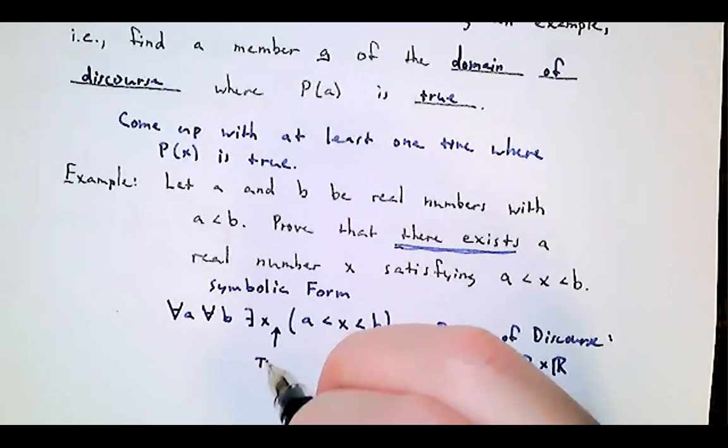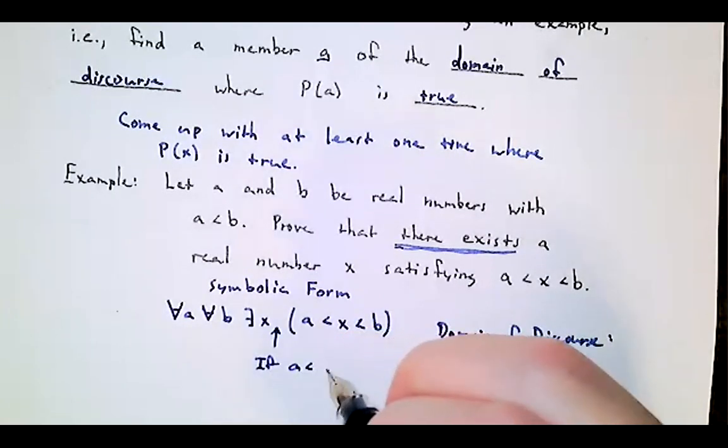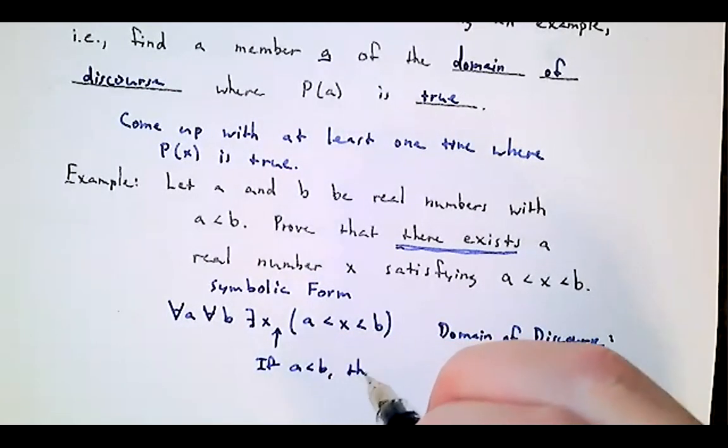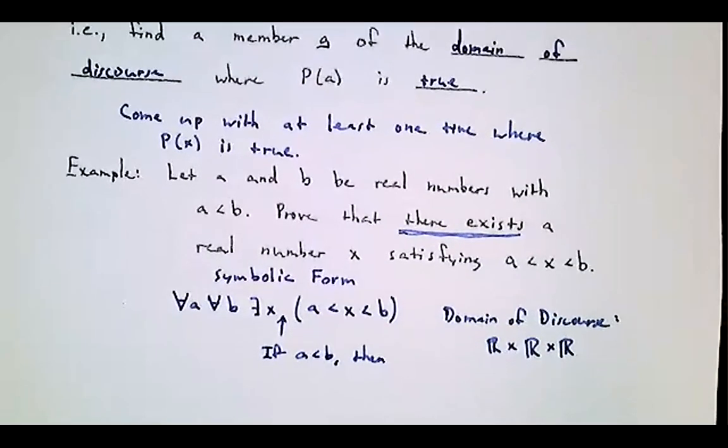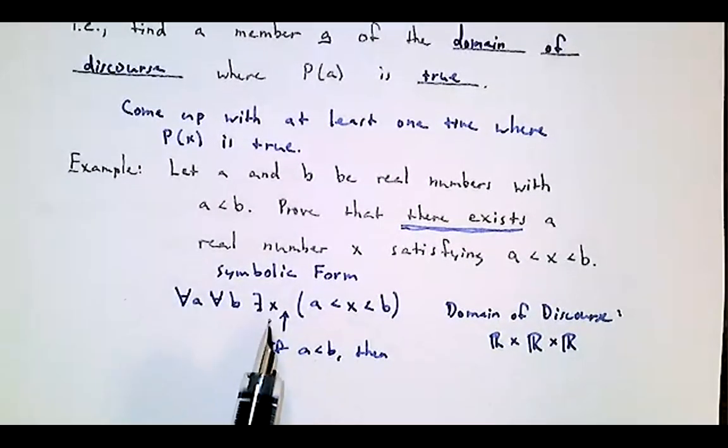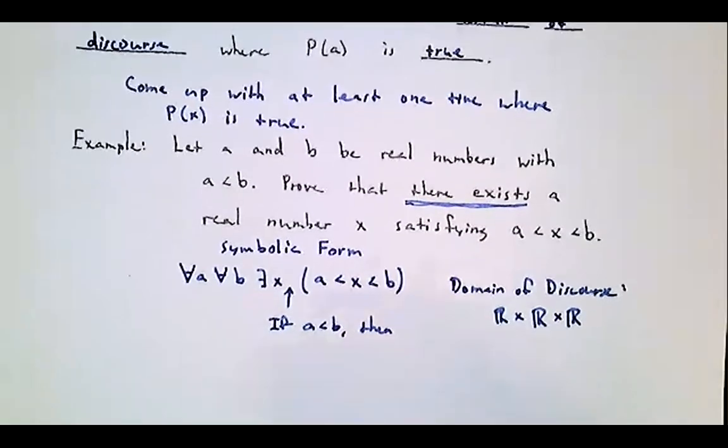Something like if A is less than B, then. So it's even more complicated. But what we're looking for is just one number, x, that satisfies this.